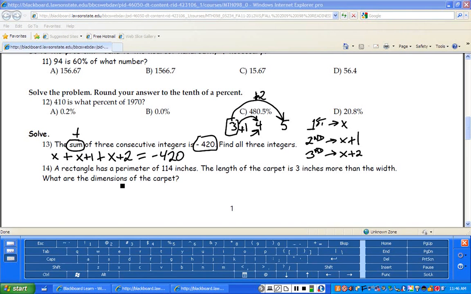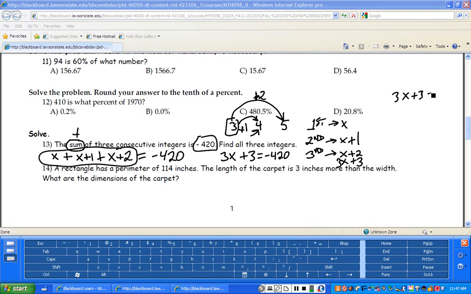There's an x, here's an x, here's an x, so that gives you 3 x's. This 1 and this 2 gives you a positive 3. So all of this simplifies down to 3x plus 3, and it's still going to equal negative 420.